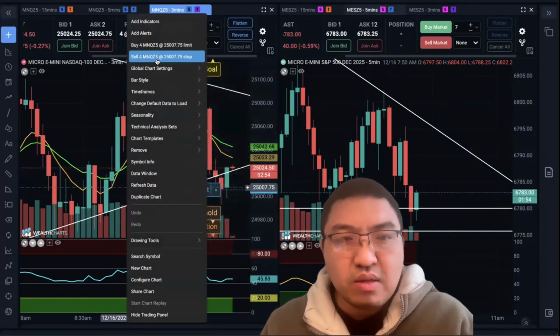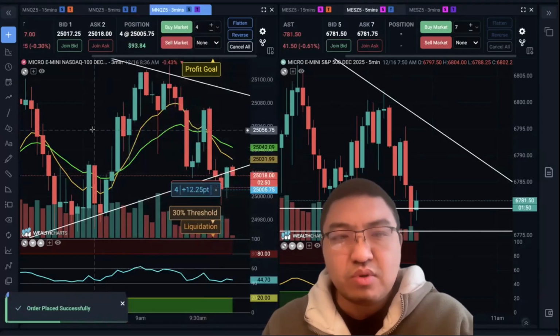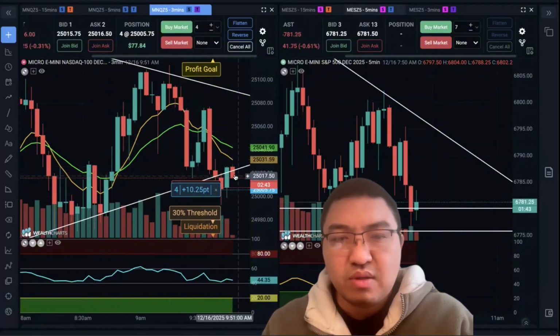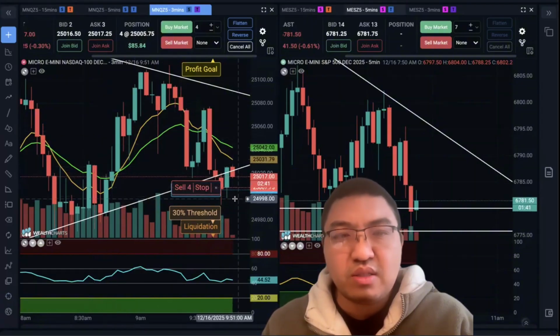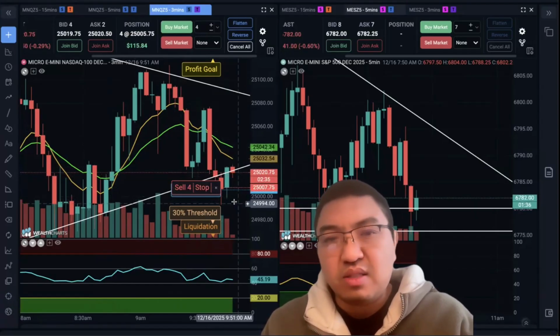Then I set some stop loss here, just in case it reverses. See, it reverses. No, this is a retest out of here, but it triggers here. That's a reverse. At least I make a couple of bucks. Not easy to make money.